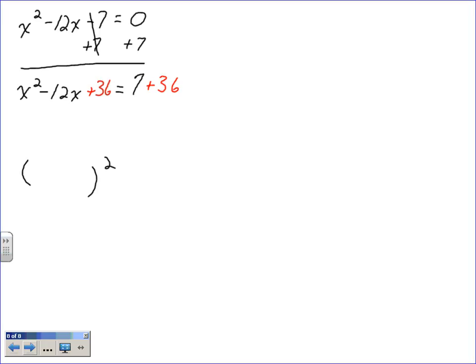What that allows us to do, because now this is a perfect square, it's something times something. And I think some of us picked it up already. It is x minus 6. Half of that goes in the parentheses. Okay? 7 plus 36. And that we know how to solve. Square root both sides.